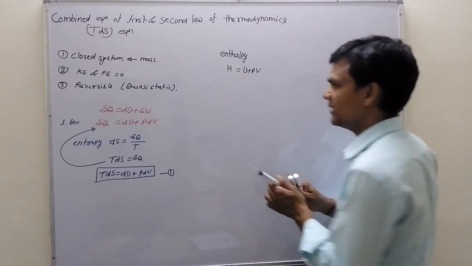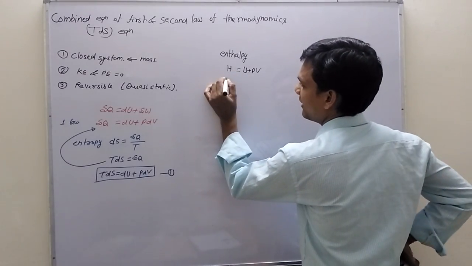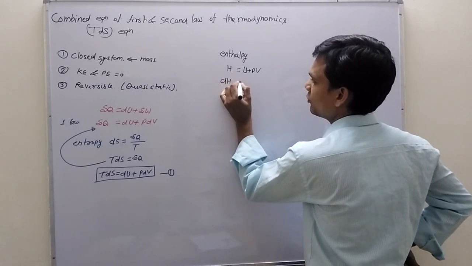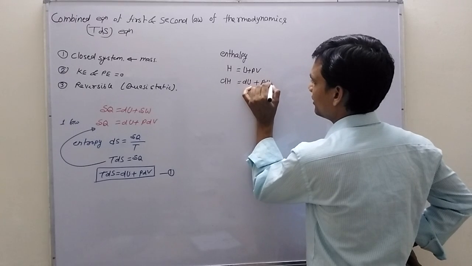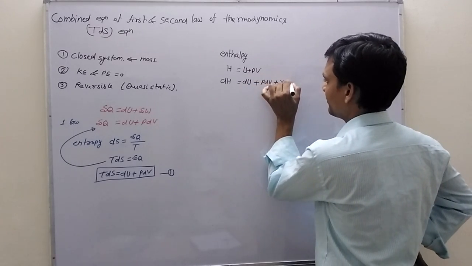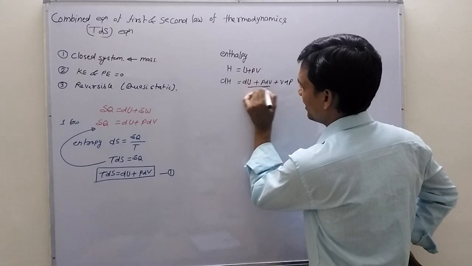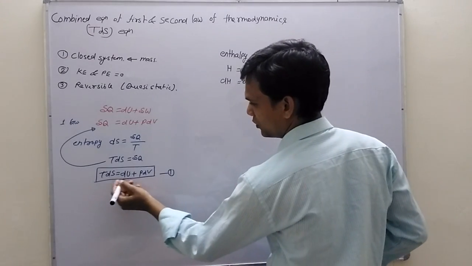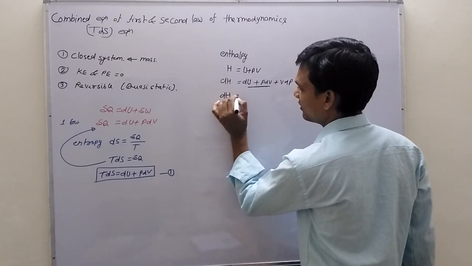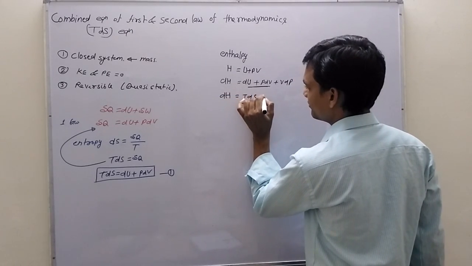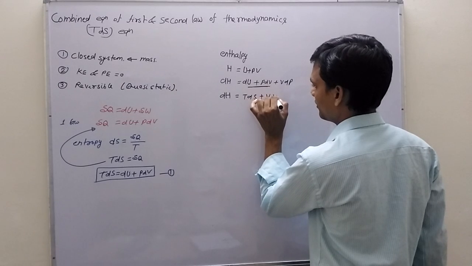Now if we differentiate the formula of enthalpy, then dH is equal to dU plus PdV plus VdP. Now we can put the TdS value here, then dH is equal to TdS plus VdP.